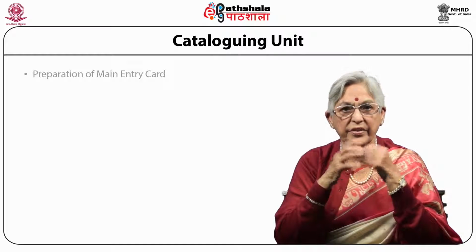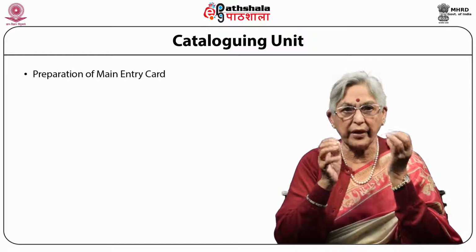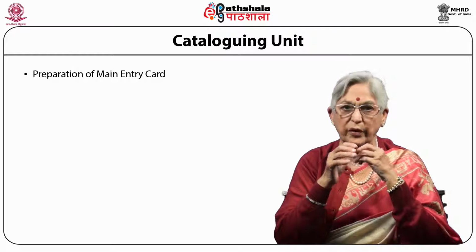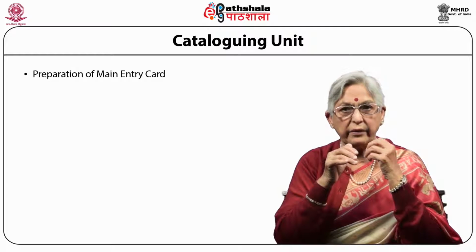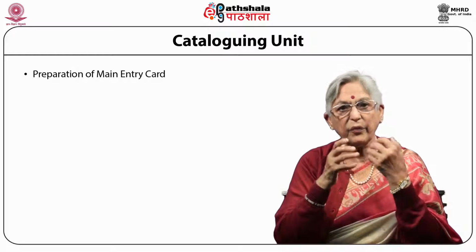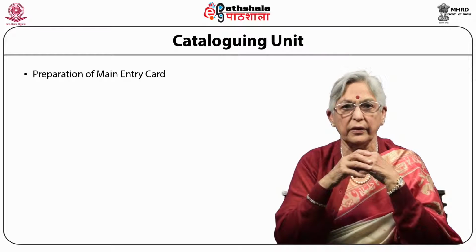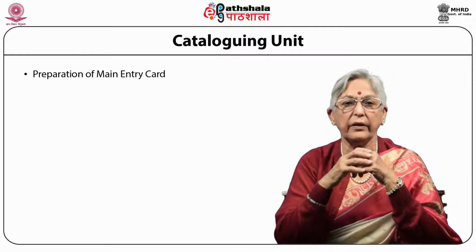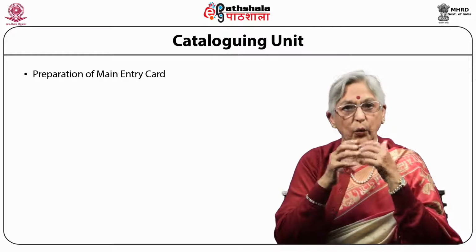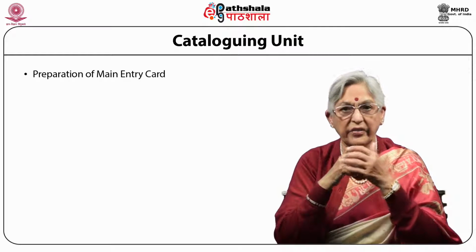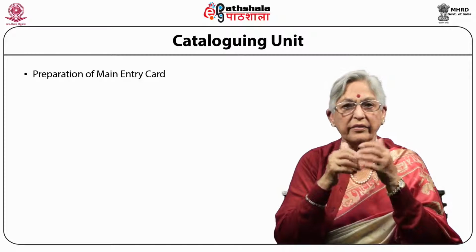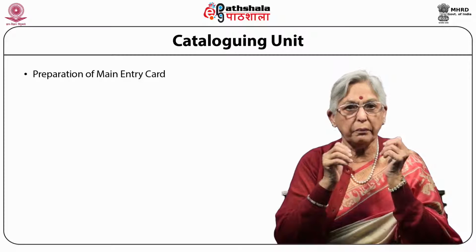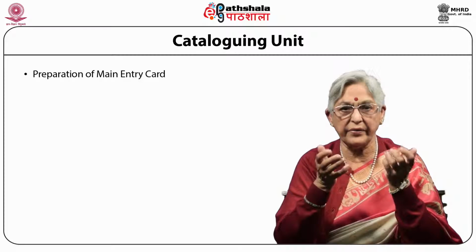ISBD covers 7 broad areas: title and statement of authorship area, edition area, imprint area, collation area, series area, notes area, and international standard book number, binding and price area.